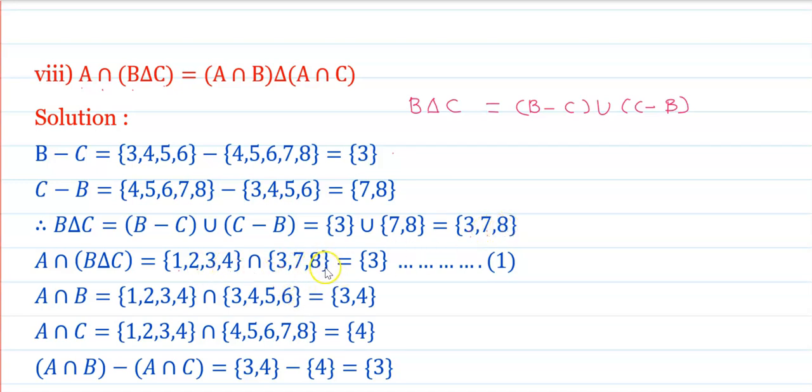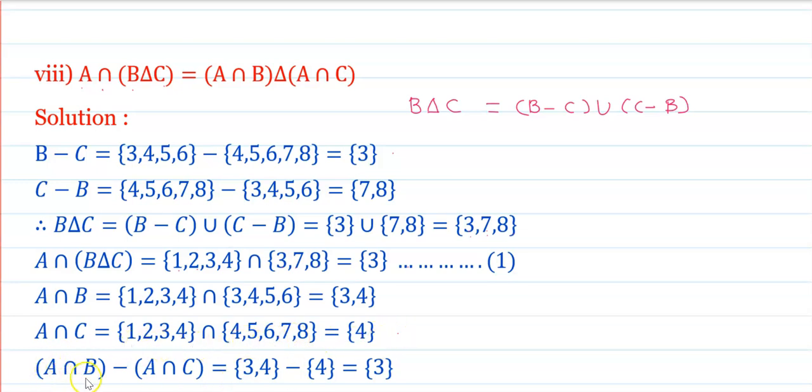Now which are the common elements? 3 is the only common element. Next is A intersection B. A is 1, 2, 3, 4 with the intersection 3, 4, 5, 6. Which are the common elements? 3 and 4 are the common elements. A intersection C, 1, 2, 3, 4 with the intersection 4, 5, 6, 7, 8. Now the common element is only 4.